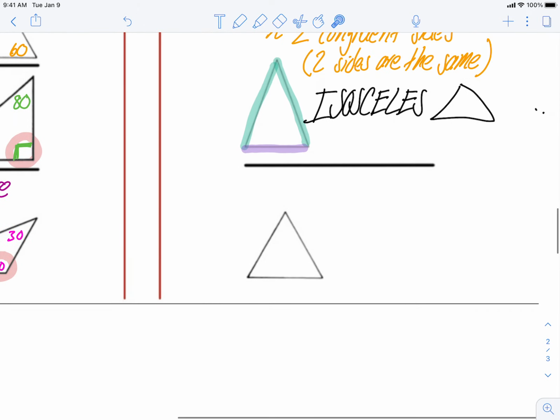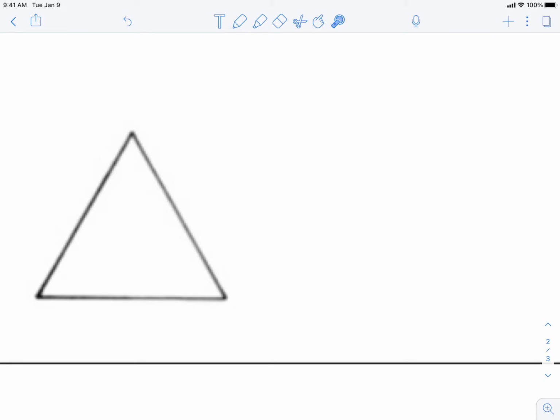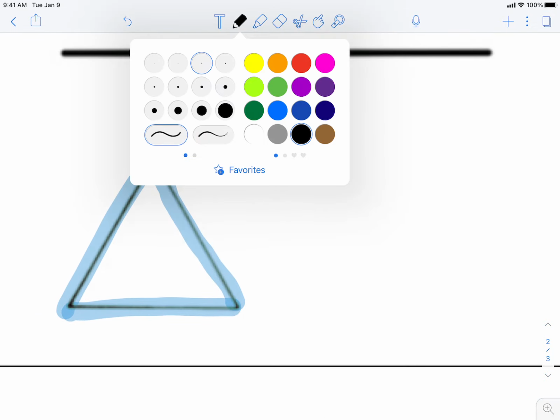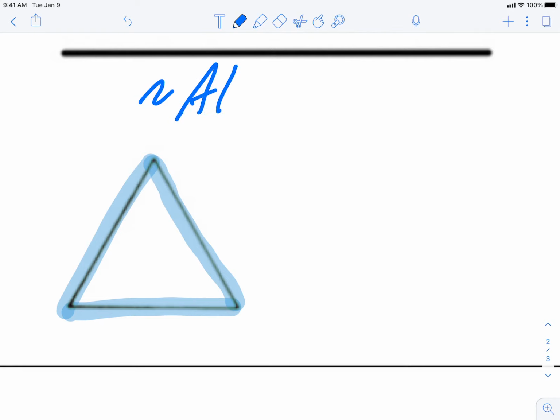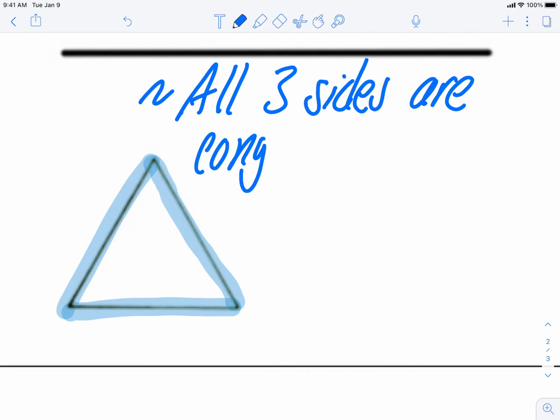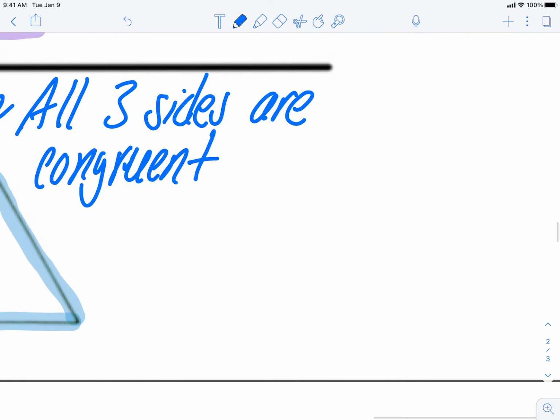Finally, one more. We notice about this one, this is the most commonly used triangle. Check it out. That, and that. Look at that. This we call a perfect triangle. This is when all three sides are congruent.